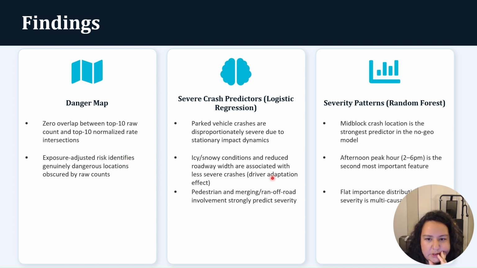From the logistic regression, we learned that parked vehicle crashes are disproportionately severe, and adverse road conditions actually make people drive more safely. And from the random forest model, we learned that mid-block location is a strong predictor of severity and also the afternoon peak. But we also learned in this case that maybe random forest wasn't the best model.